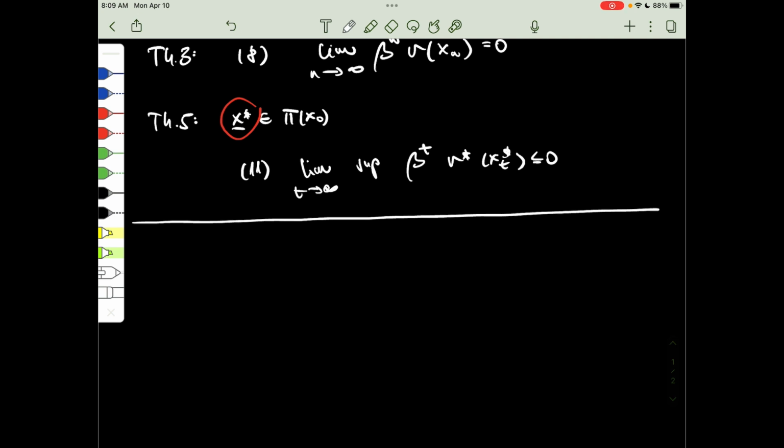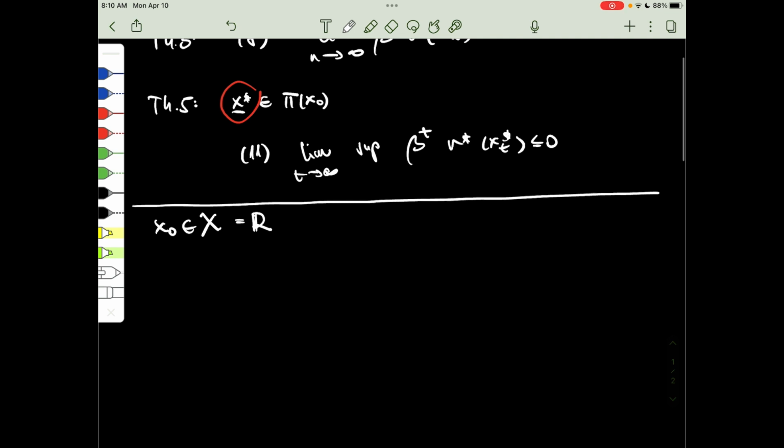It's a version of the cake eating problem. We have the initial wealth x0, and in this case, consumption can be unbounded, which means that the agent is allowed to finance consumption out of debt.